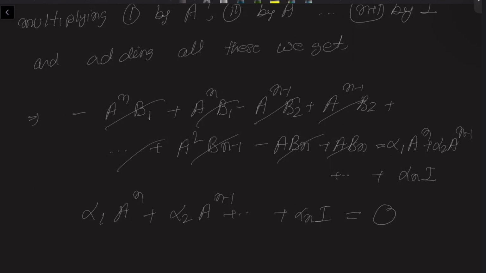My characteristic equation was alpha 1 lambda^n, alpha 2 lambda^(n-1), up to alpha n equals 0, where lambda was the eigenvalues. So I have replaced lambda by the matrix A itself, the matrix A and the powers of the matrix A, A^(n-1) and so on, these all are matrices. If you plug that in, we still get the zero matrix, and this is what we had to prove.